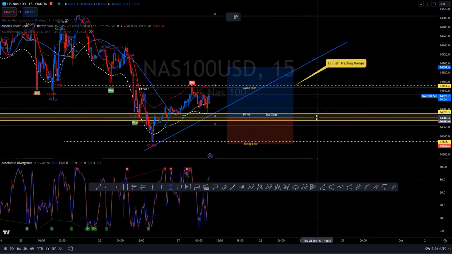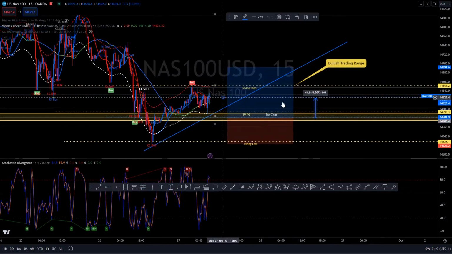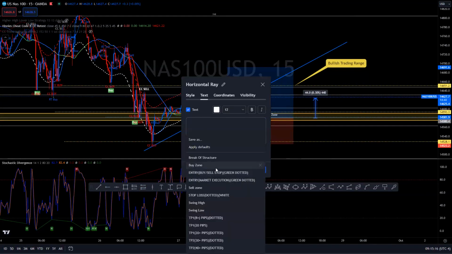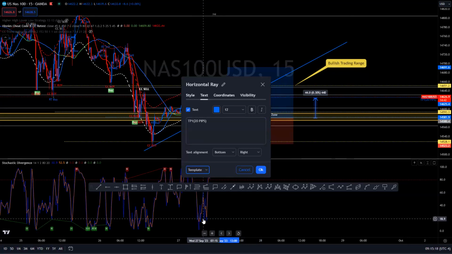So price comes down, sticks out of this Bollinger Band. You want to get at least 400 plus points in NAS. So that's going to be my TP around. This is what I'm going to be at this point.